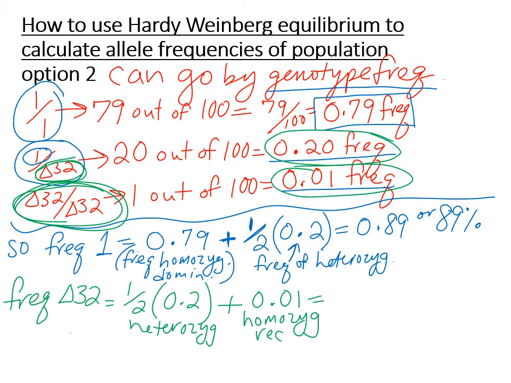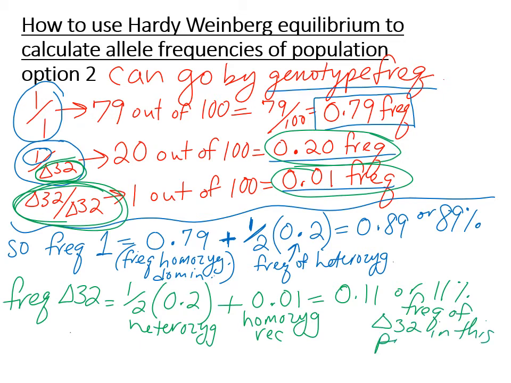Half of 0.2 plus 0.01 gives you 0.11 or 11%, which we already said was the frequency of delta 32. So 11% is the frequency of delta 32 in this population.